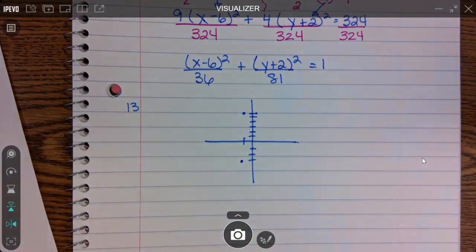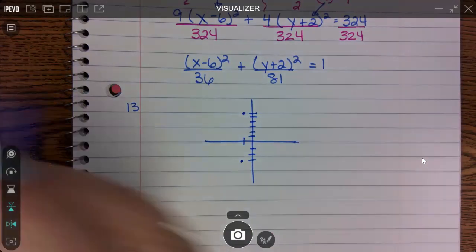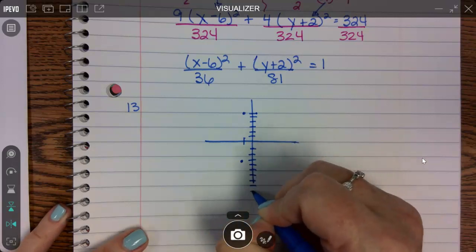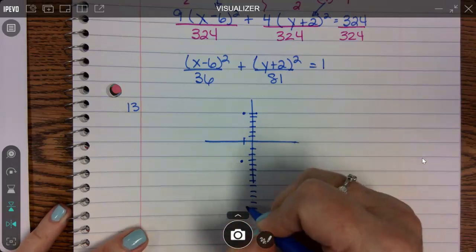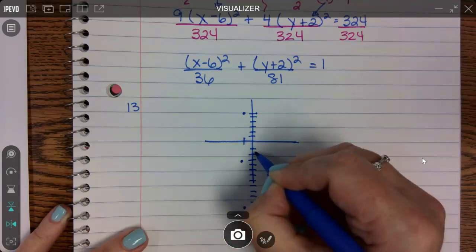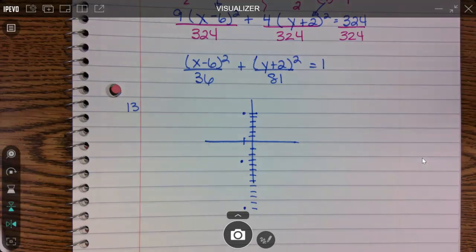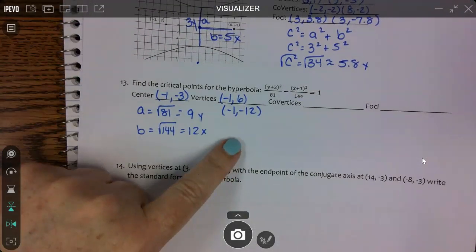So that will be -1 and 6. Okay, now down 9. 1, 2, 3, 4, 5, 6, 7, 8, 9, 10, 11, 12. So that would be -1, -12. What I'm doing here is writing these points.